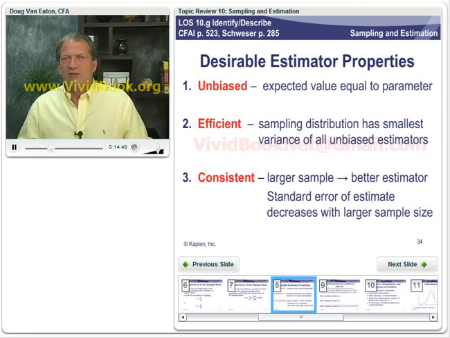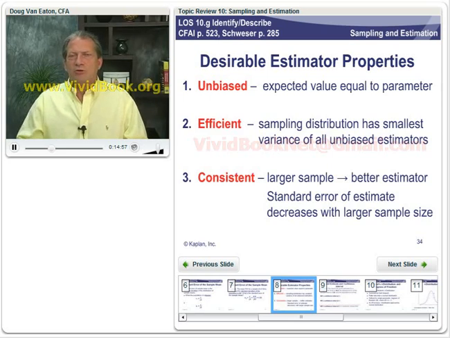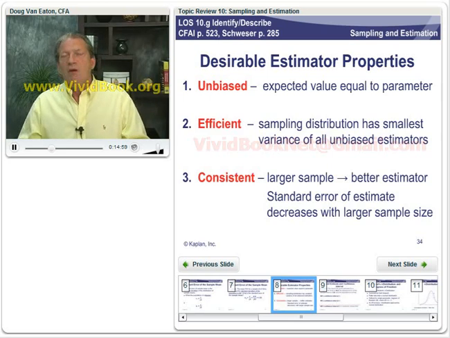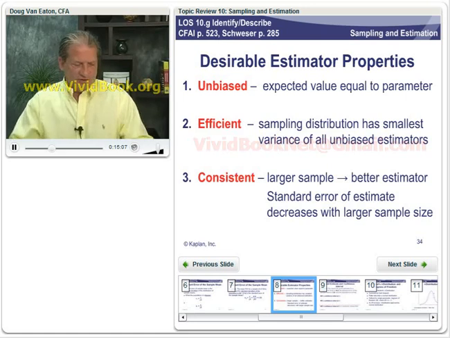It is consistent because, as n gets larger, the standard error decreases with larger sample size. So this idea of taking the mean of a sample of balls as our estimator of the true mean, I know it sounds simple, but it's best to start with a simple case. It is unbiased, it is efficient, and it is consistent.